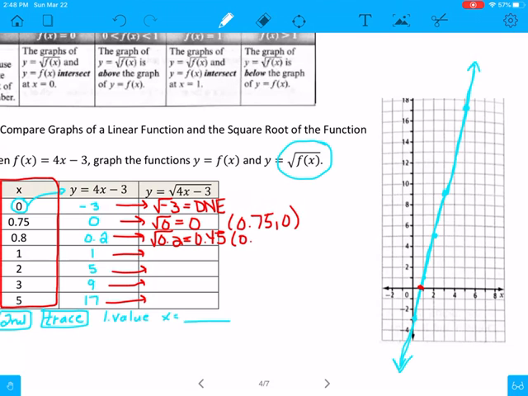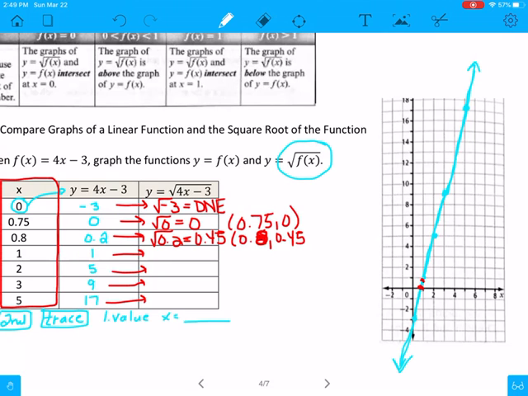Now my new point's at 0.2 and 0.45. I mean 0.8, sorry, not 0.2. 0.8. We use these x values over here. 0.8 and 0.45. Oh my gosh, this is going to be hard to draw.